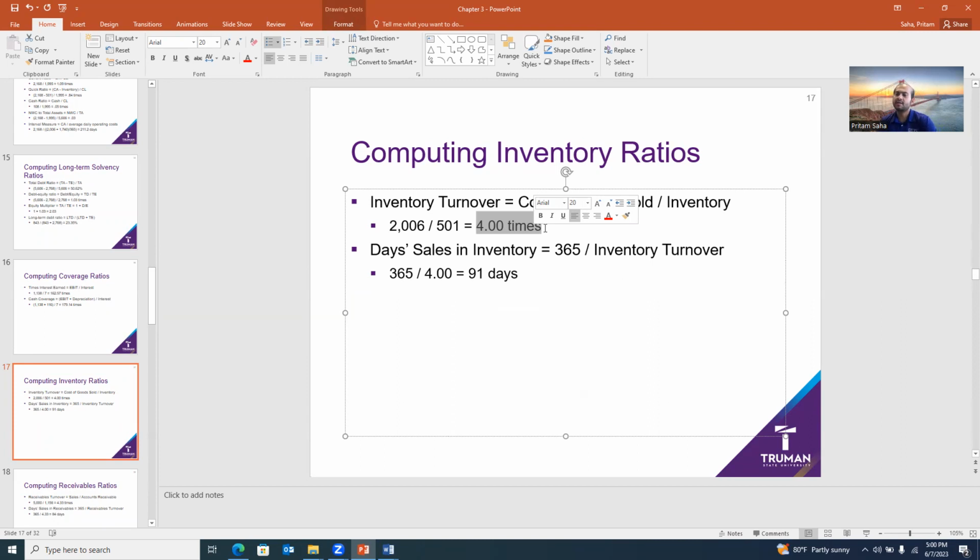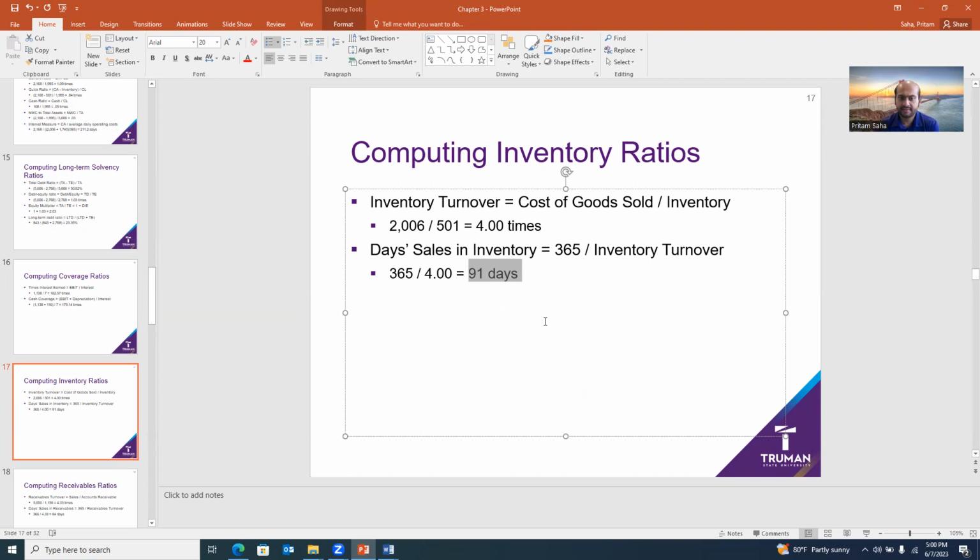So each year, you're able to make 4 complete cycles to purchase your raw materials and finish it. Now, if you are counting in terms of days, this is 91 days. So from buying raw materials to a finished good and sales, you need 91 days, okay?